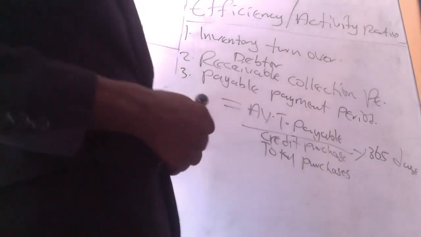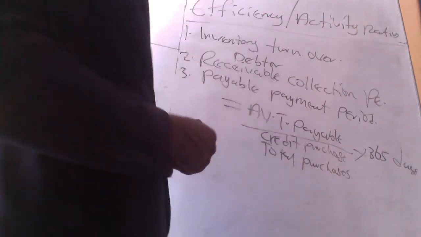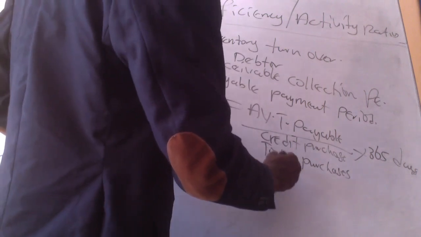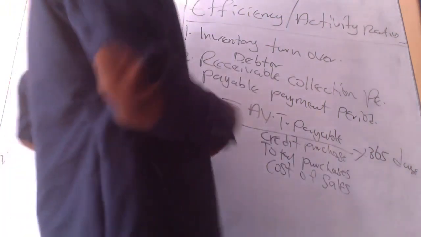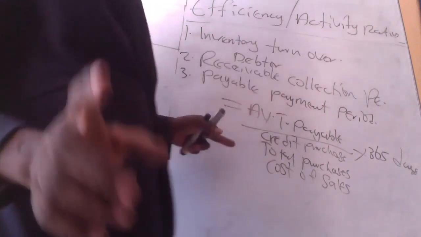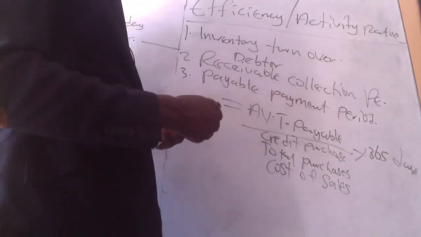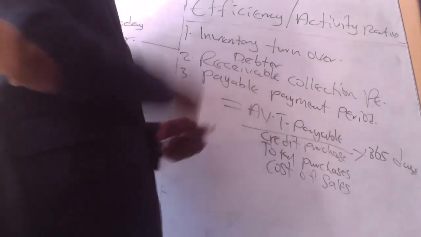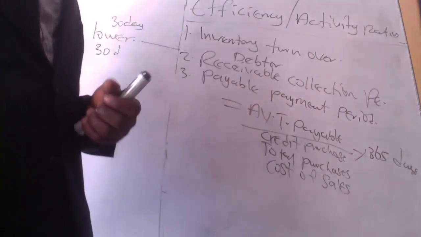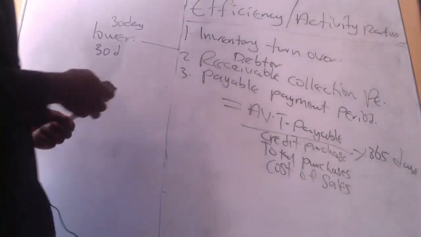What if total purchases is not there? Wow, that's good news. Then you have to use cost of sales. But please be careful if total purchases might be there and you are using cost of sales. And then the average trade payables also obey the average rule that we saw under the average inventory. So thank you, and that is it. The benchmark should be 45 days.